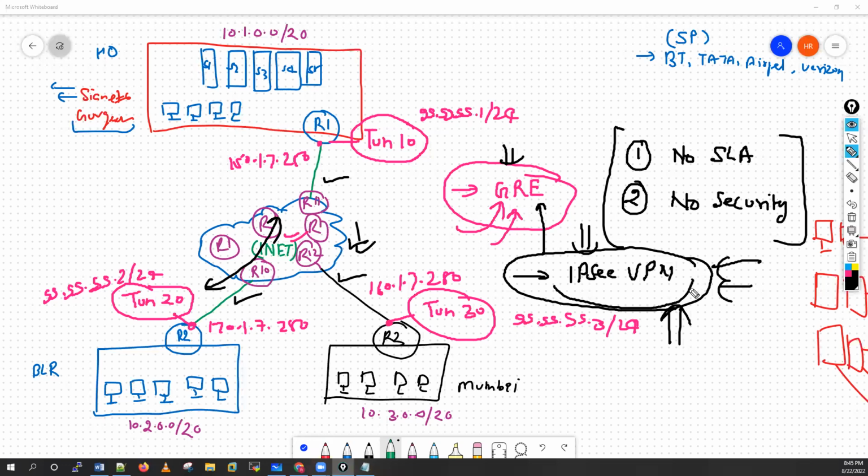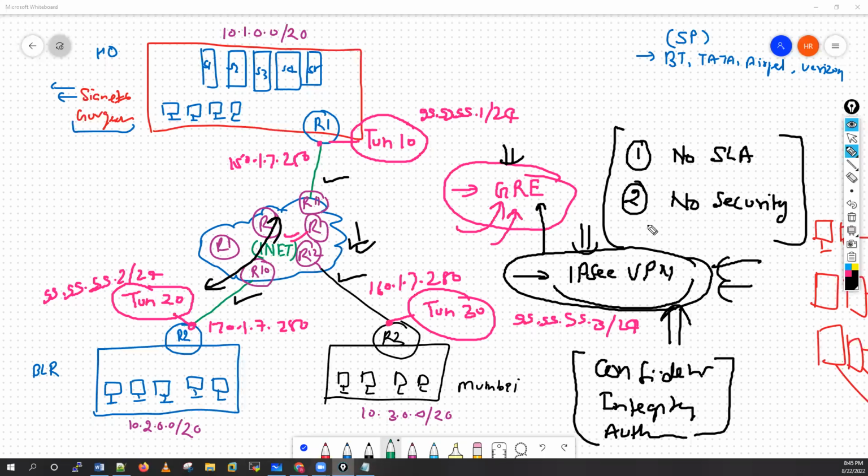What will IPsec VPN provide you? It will provide you the confidentiality, integrity, and authenticity. These three properties are provided by IPsec VPN, which means now your security concern is not there if you use IPsec.